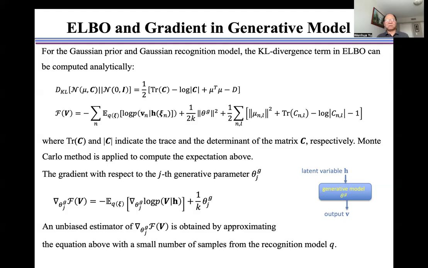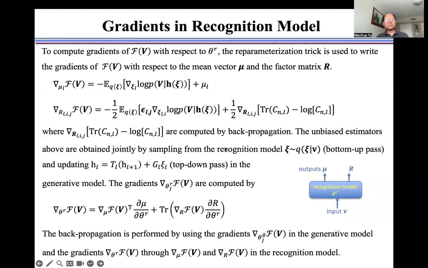The gradient with respect to the generative parameters θ_G is as shown here, and an unbiased estimator of this gradient is obtained by approximating the equation above with a small number of samples from the recognition model q, as shown here.